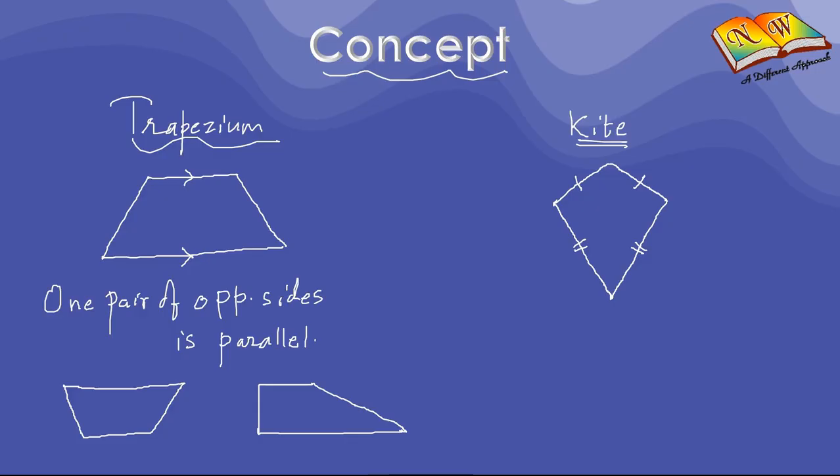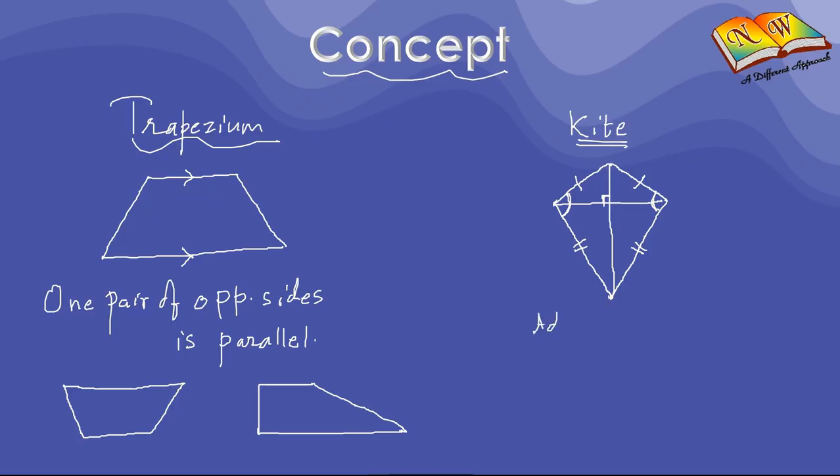Likewise, the angles here, this angle and this angle, they are equal. Only one pair of opposite angles will be equal in case of a kite, and the important property is that of the diagonals. So if I draw the two diagonals, they are going to be perpendicular to each other.